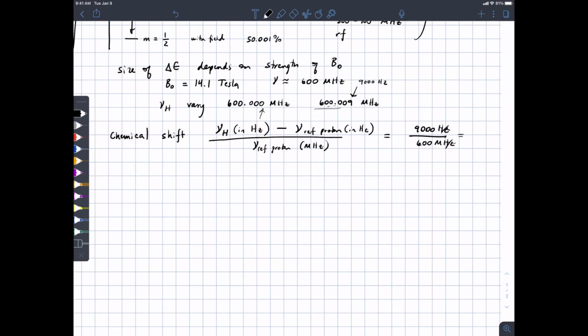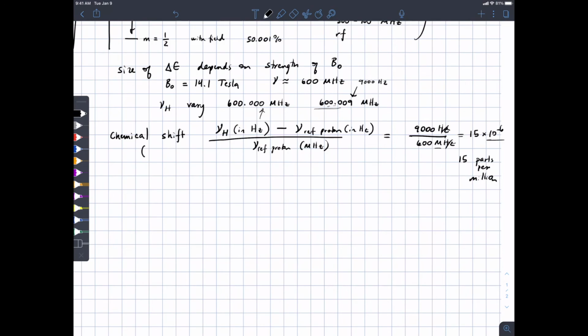And you get 15, basically with the mega prefix in the denominator, which is the same as 15 times 10 to the minus 6. But we don't like that, so we're going to replace the 10 to the minus 6 with parts per million, or ppm.